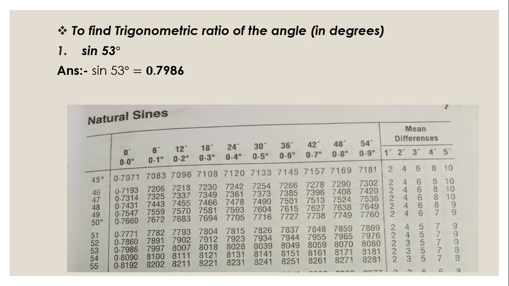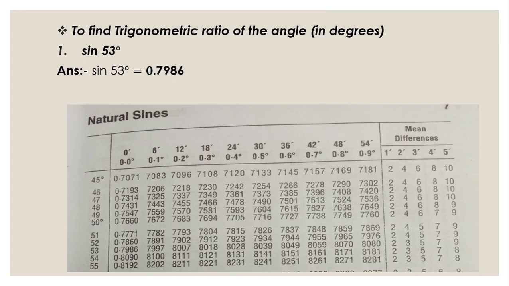The number just adjacent or just next to the 53 degree, here it is 0.7986, is the sine of 53 degree.